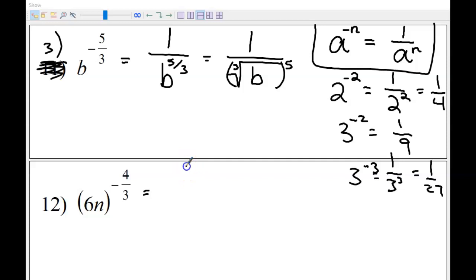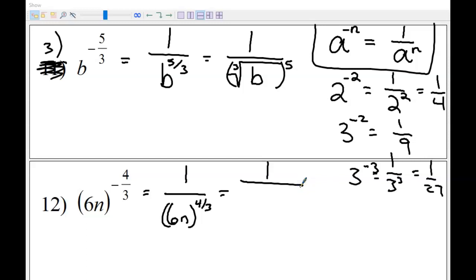Step 1 is going to be what? So how do I write it? 1 over 6 to the 4/3 power. Now what?